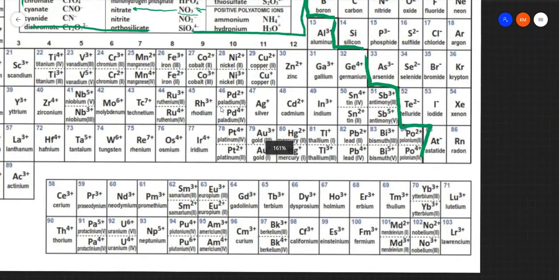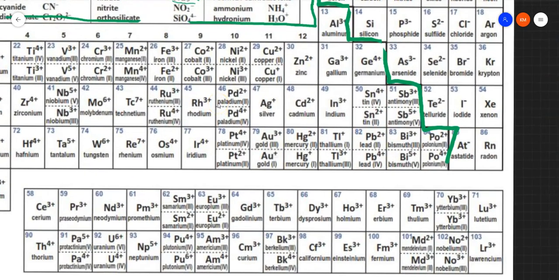And if I come in, chrome is right here. Here's chromium. I need to get better at drawing boxes around things. But anyways, here's chromium, and chromium 2, which is a Cr2+.